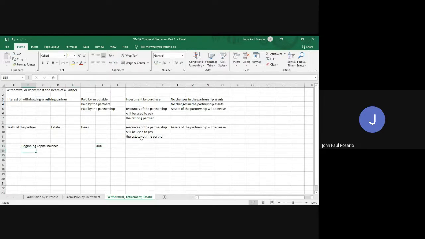And then we add or deduct. For it to be easier for you guys, we add his share of the profit at the time of retirement or death.